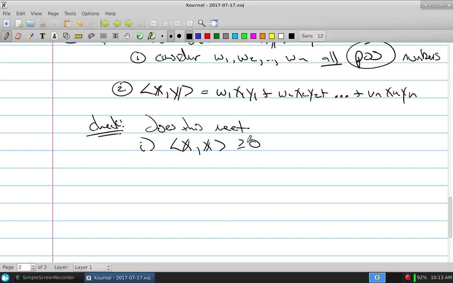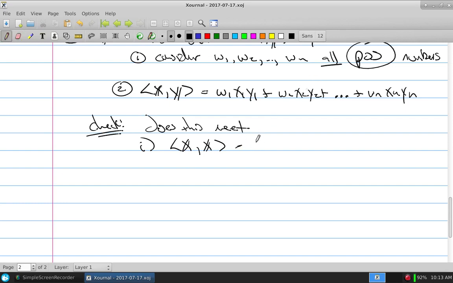Is that true? How do I do that? If I take the inner product of x with itself, x1 y1 is really x1 x1, right? x2 y2 is really x2 x2.